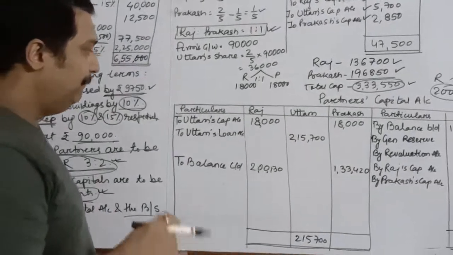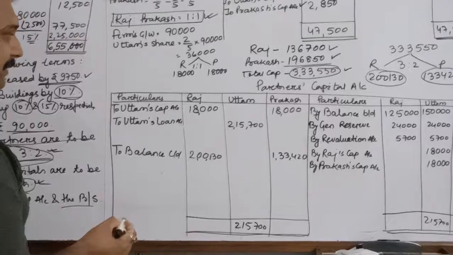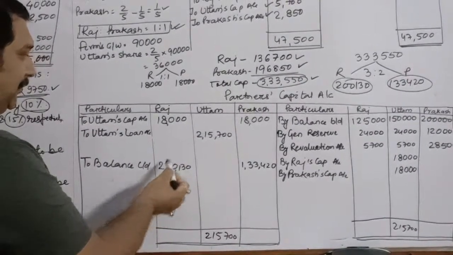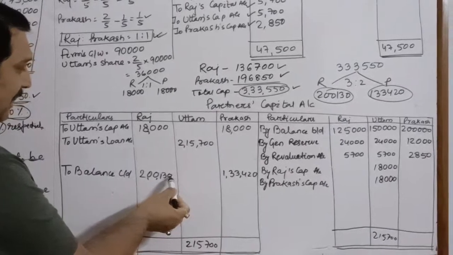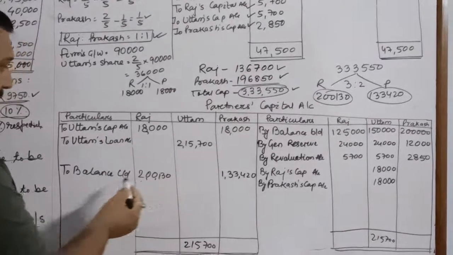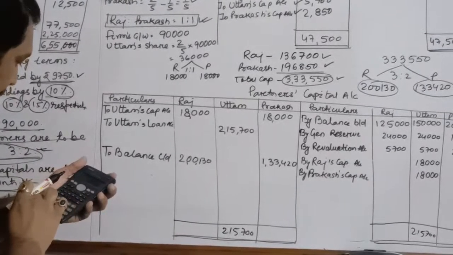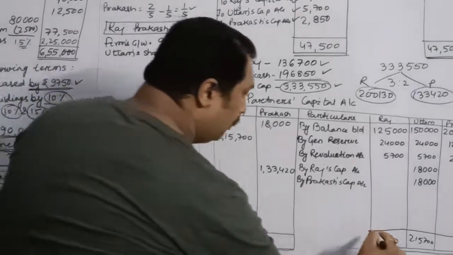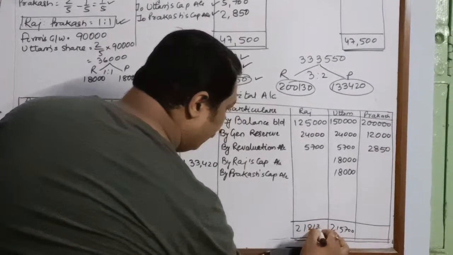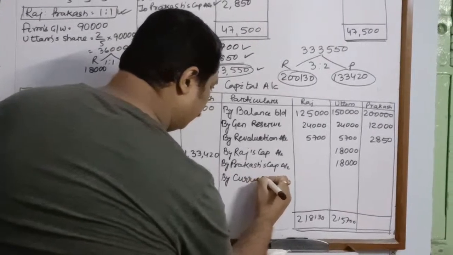If you see Raj's capital, I feel the debit side is more, because over here there is only one item of rupees 2 lakhs. So obviously 2,18,130 is the total of the debit side, which I will write over here also, and the balance will be written as the current account.